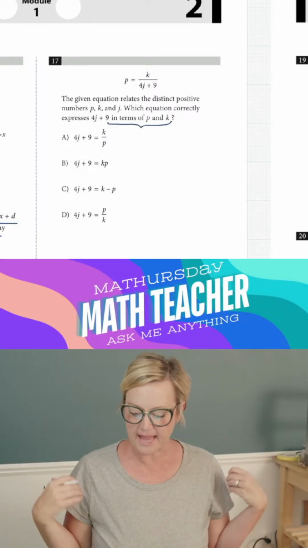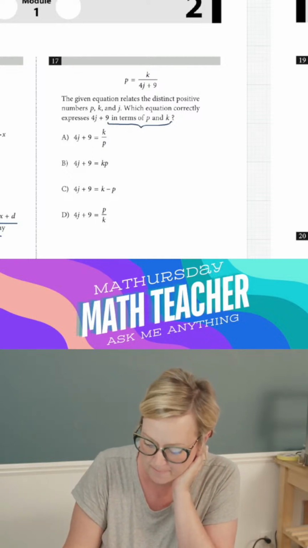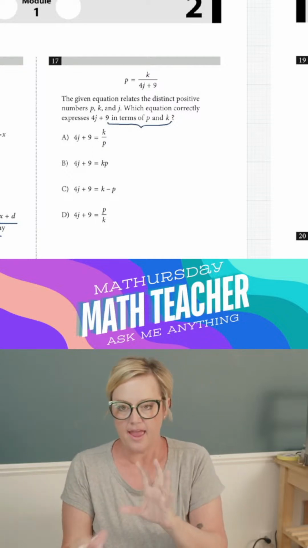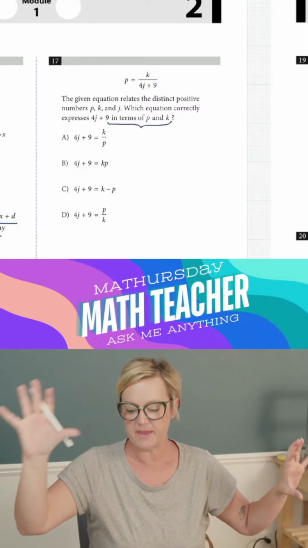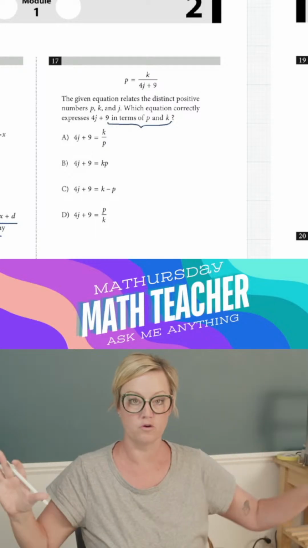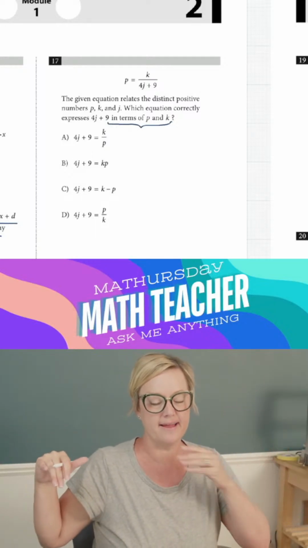So you're looking at 4J plus 9 being related to what relationship between P and K is equal to 4J plus 9.